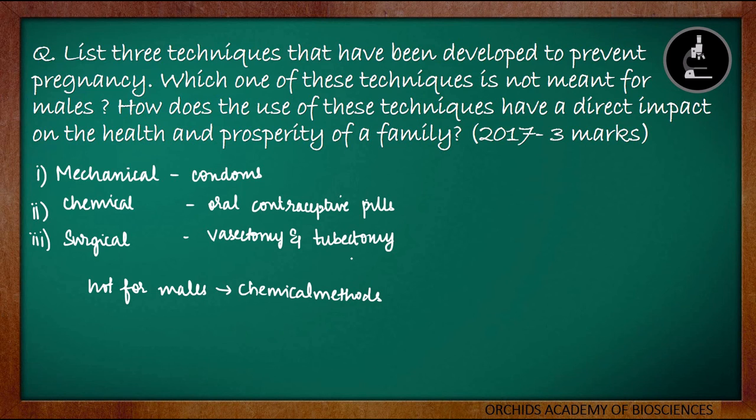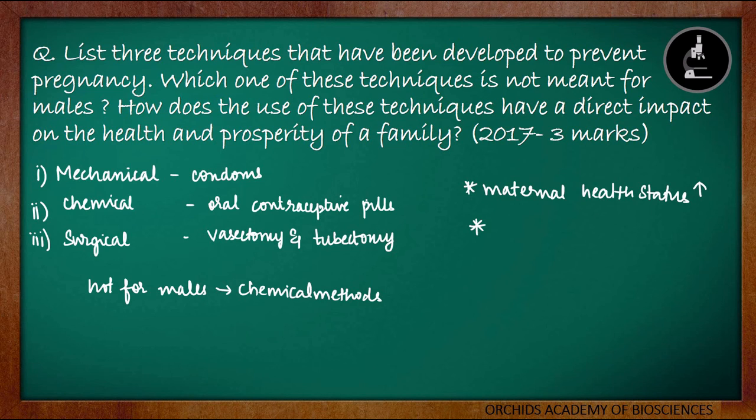How does the use of these techniques have a direct impact on the health and prosperity of the family? The use of such contraceptive methods have various benefits. Having pregnancy at very quick successions reduces the mother's health. So using this contraceptive will improve the maternal health status.